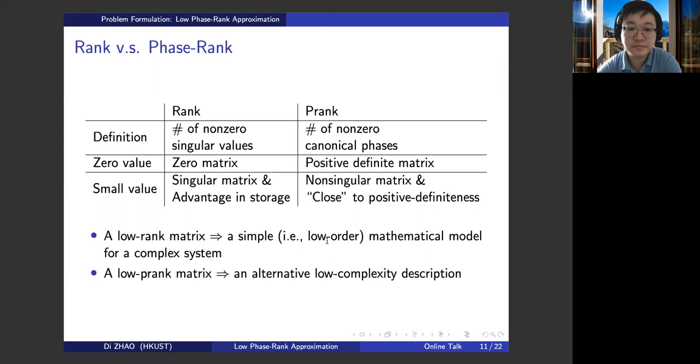So we hope that this low phase rank approximation will also give us some low complexity description of a complex system, just like the rank, but from a different perspective, because gain and phase are naturally different. We expect that this low phase rank description will give us an alternative way to simplify a complex system.